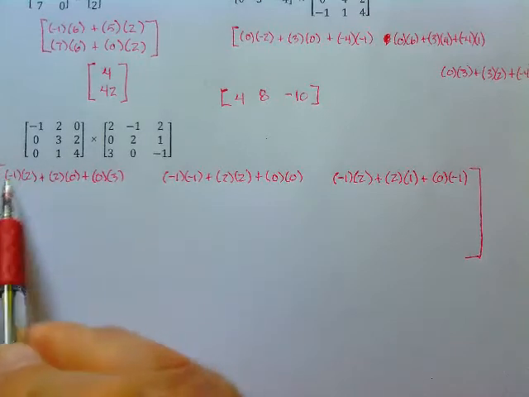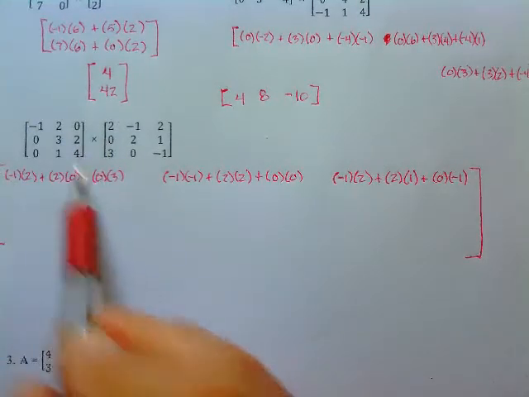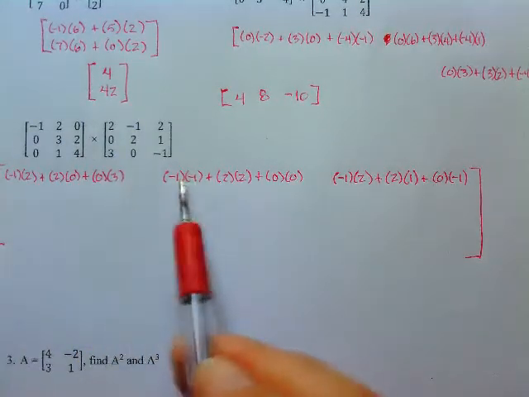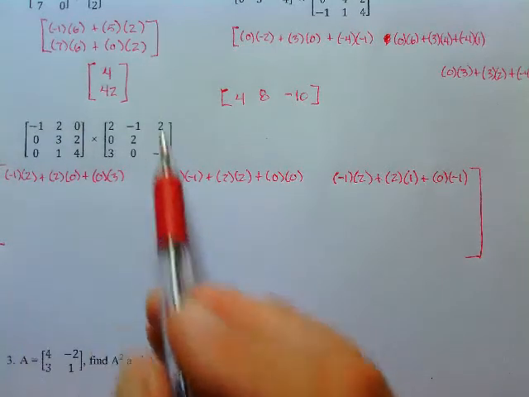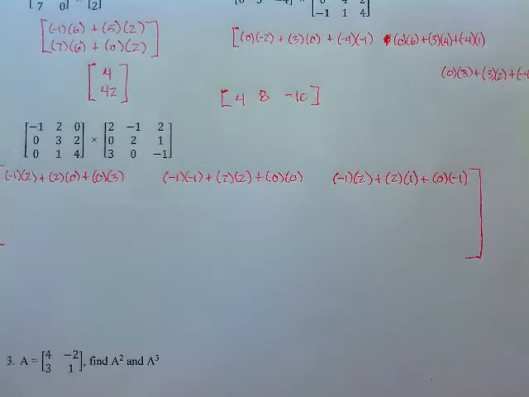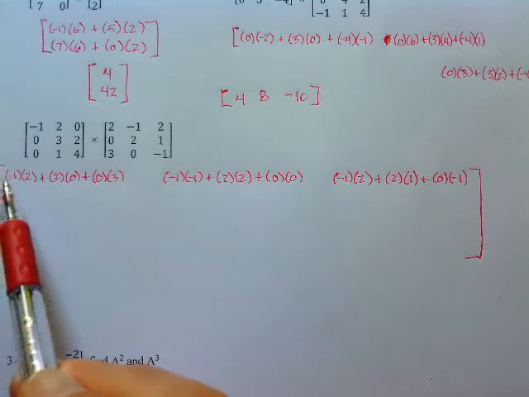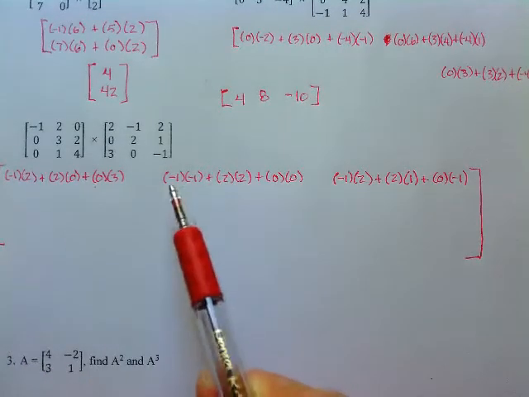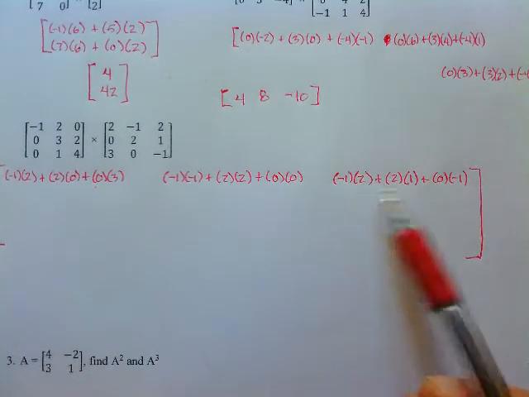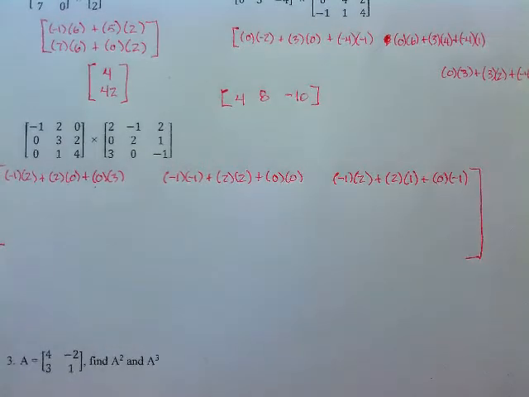And so here for that one, here for that one, and then here for that one. And then notice the similarity. The first part of each one is the same as we go across this way.